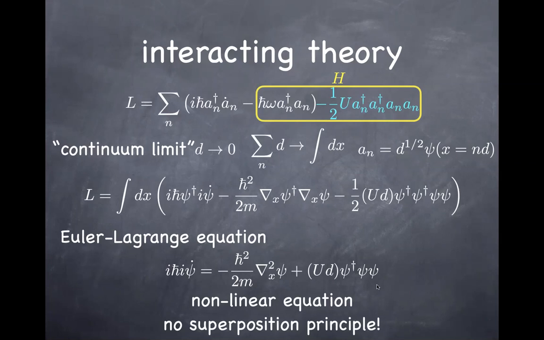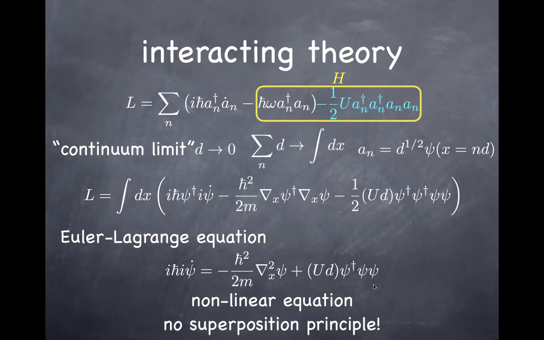In the Schrödinger equation you know and love, if you have two solutions, the sum of the two solutions is always yet another solution. Hence, you have the superposition principle. But this Euler-Lagrange equation is nonlinear, so psi 1 plus psi 2 is not a solution to this equation anymore. There is no superposition principle.